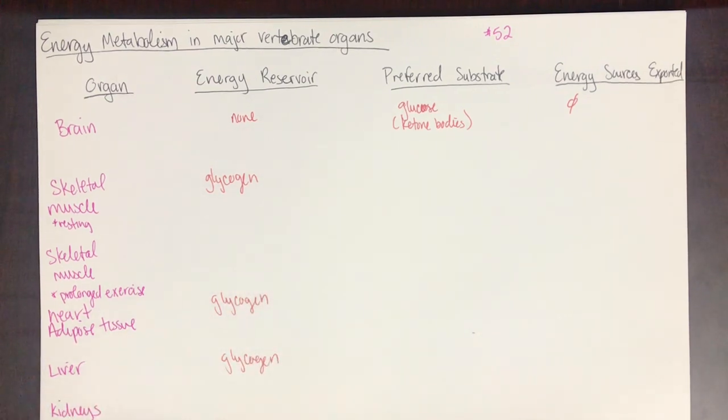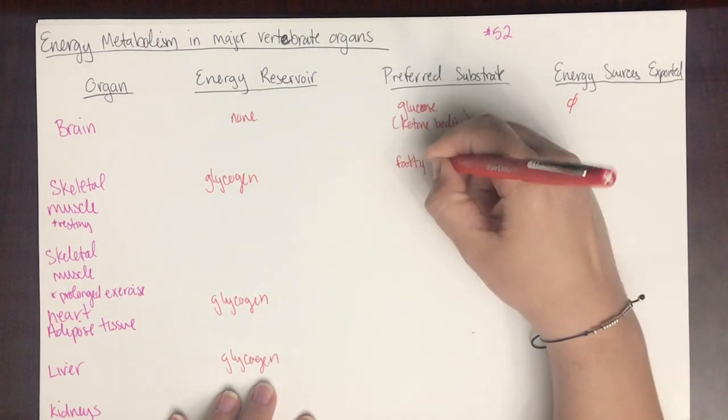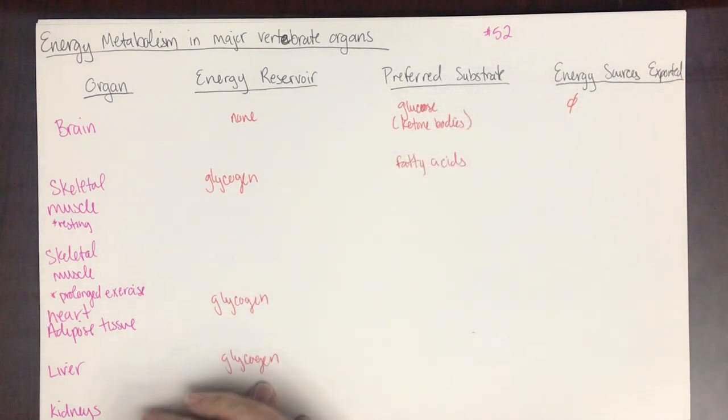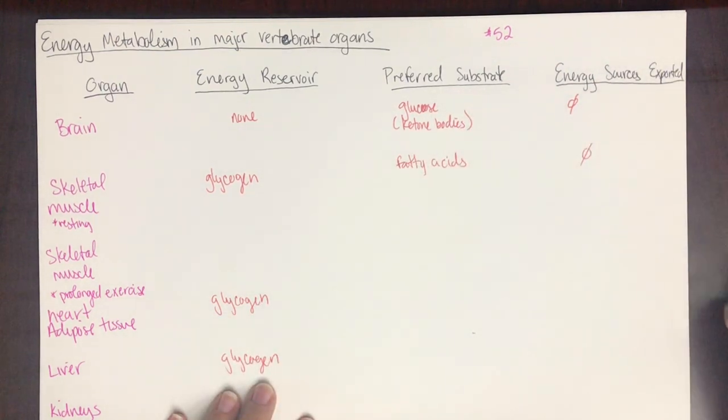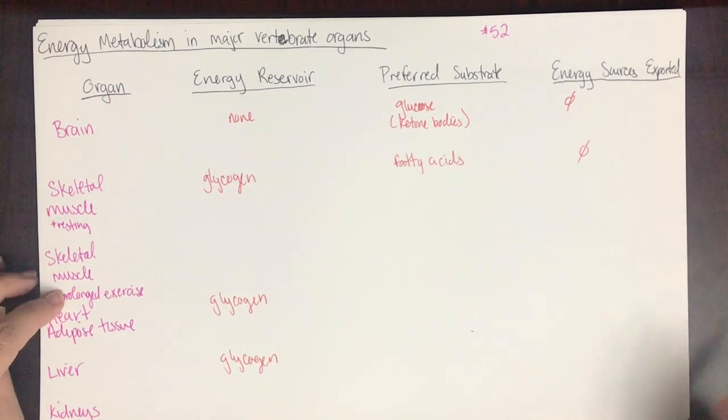So remember what glycogen is. Glycogen is stored glucose. So resting skeletal muscle will use glycogen for energy. Its preferred substrate is fatty acids, which again we'll talk about next. And it does not have any stored energy. Let's compare and contrast resting versus prolonged.